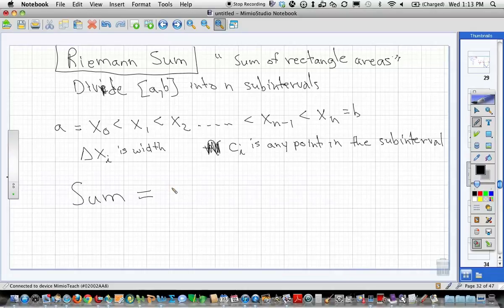How would I write the first rectangle height? f of, what would I put in here? c. Right? Because what do we do here? Here we used the left endpoint of the first subinterval. Here we did the right endpoint. Here we did the midpoint. I said c sub i is any point in the subinterval. So whatever point we want, left, right, or midpoint, that's what c sub i was.